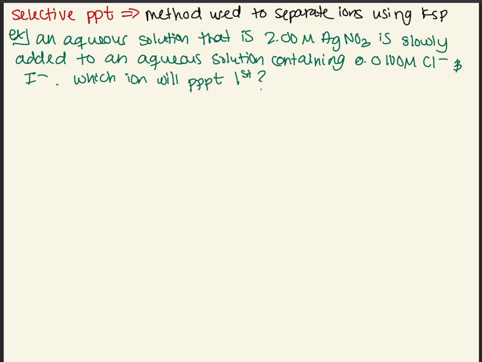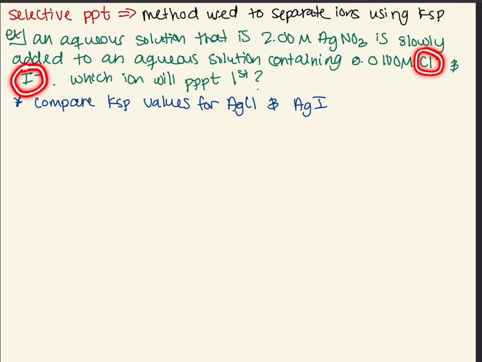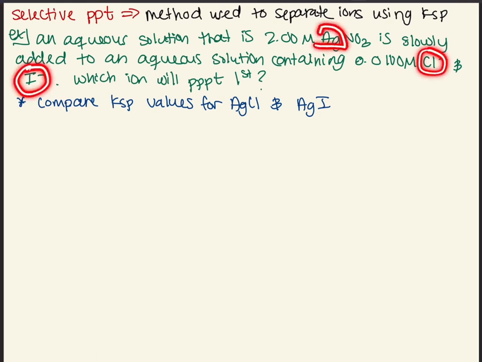So the very first thing I need to do for this problem is compare the KSP values for silver chloride and silver iodide. Now keep in mind that we have ions in the solution. So those ions are going to react with the cation. They're not going to react with the other anion.